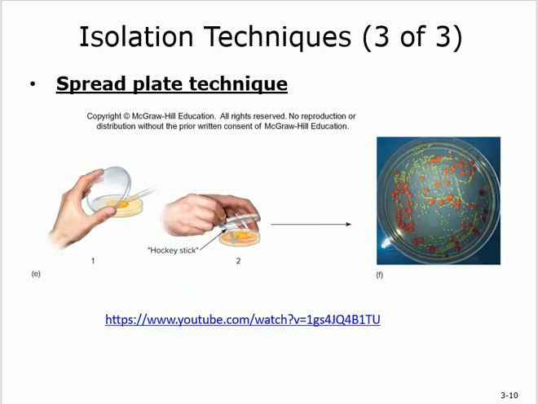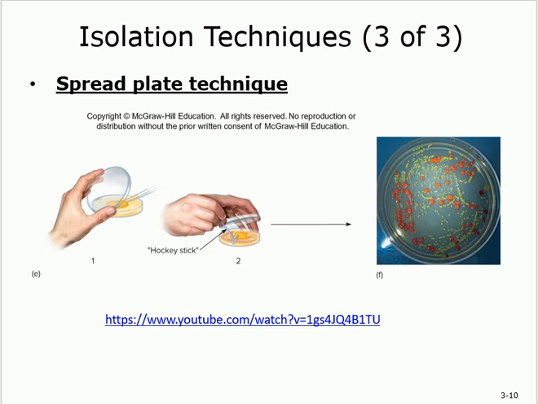And the third one is called the spread plate technique. This is where you spread it from the beginning instead of streaking. And this is showing you what this is. This is the flame. You are going to re-sterilize before spreading in the plate. Here is the plate.